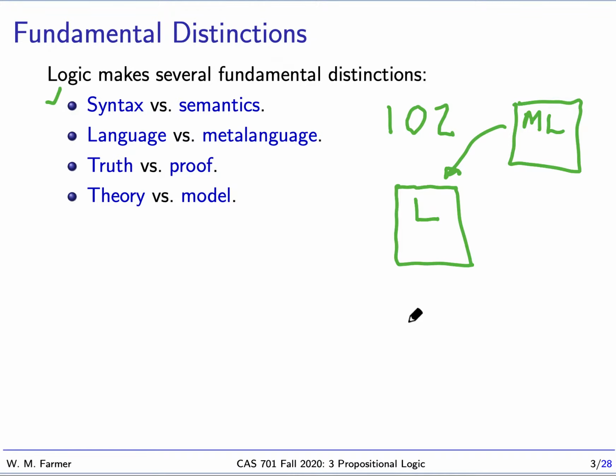And sometimes when we're talking about the language, we call that talking about the language as an object. So this is what's called the object level. So when we're working with the language, we're at the object level. When we're talking about the language, we're at the meta level.